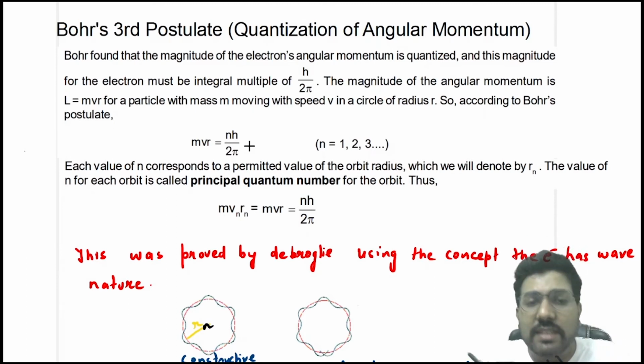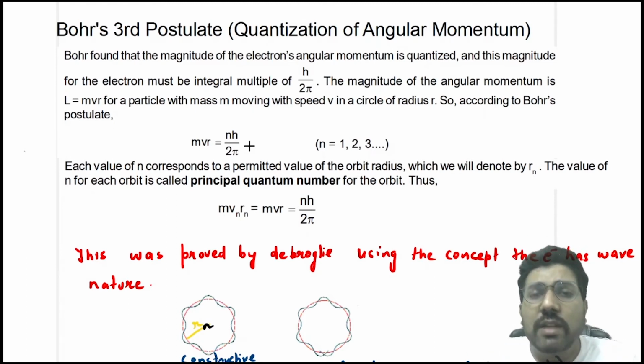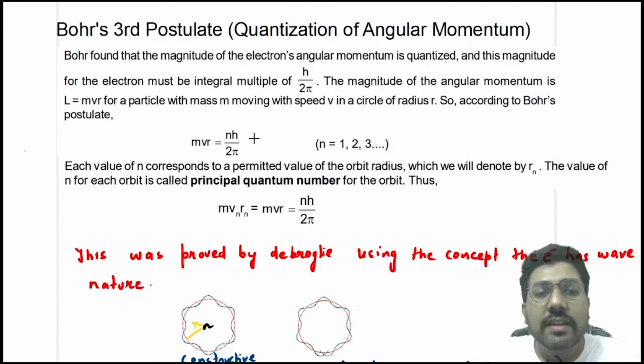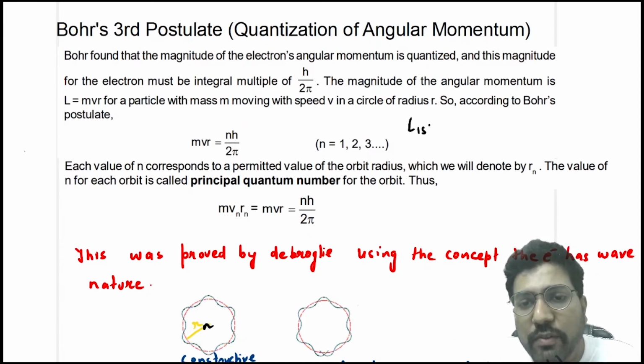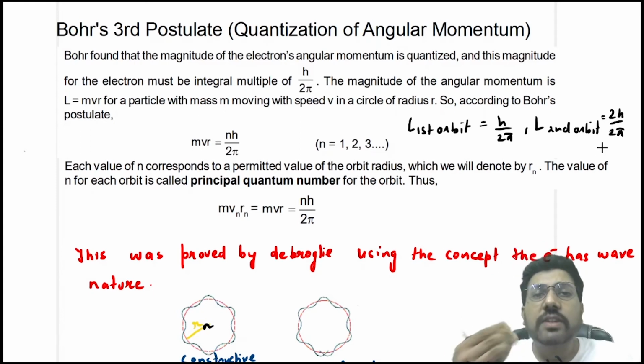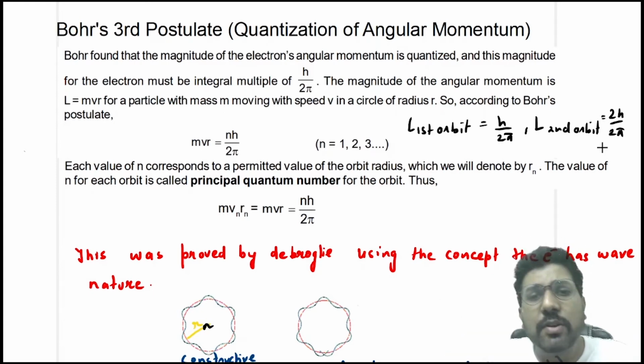So what he said was, the angular momentum of every orbit is fixed, or quantized, and it has to be an integral multiple of h upon 2 pi. That means the angular momentum of the first orbit is h upon 2 pi, the angular momentum of the second orbit is 2h upon 2 pi, and the angular momentum of the third orbit is 3h upon 2 pi.